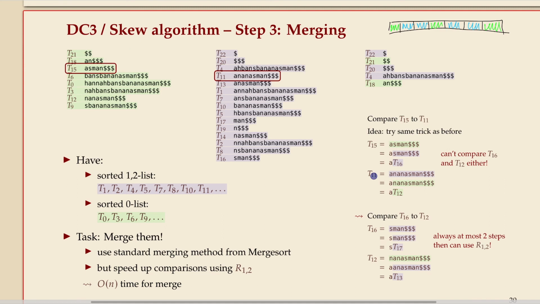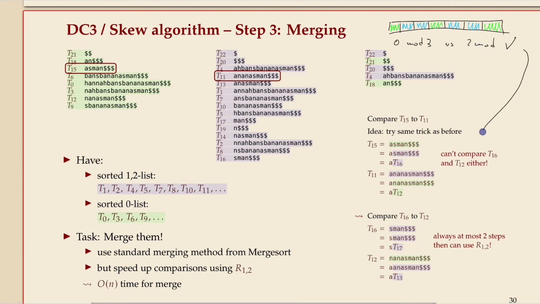And so the other case, maybe I can, yeah, so we have 0 mod 3 versus 2 mod 3. That one we have already done. That's the example down there. And then we can only have the one other case where we have 0 versus 1. So 1 is here and 1 is here.